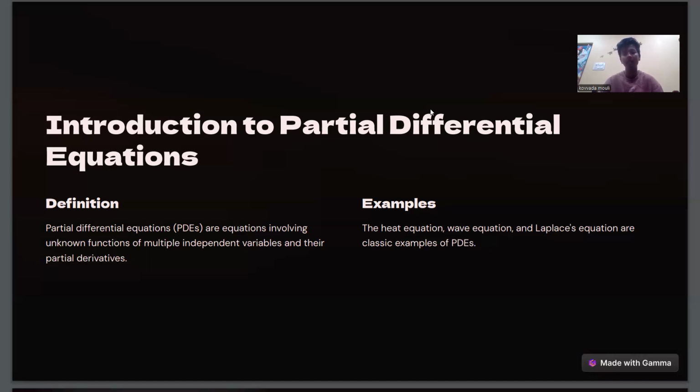Separation of variables. One of the most common techniques for solving homogeneous BVPs is separation of variables, which decomposes a PDE into simpler ODEs. This method is extensively used in heat conduction, wave propagation, and Laplace's equations.